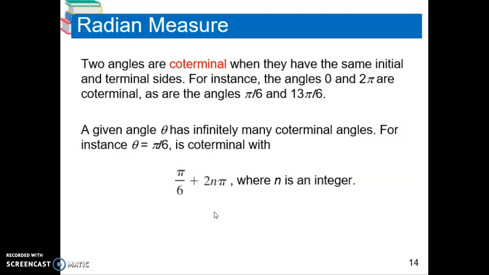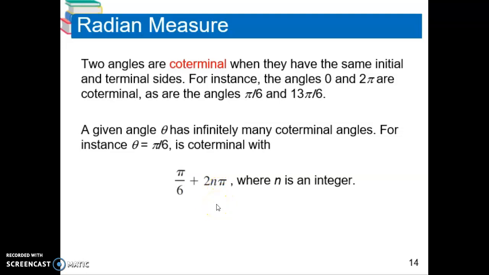Now I'm able to find 3 different coterminal angles. I have my starting pi over 6, then I would have 13 pi over 6 when I add 2 pi, or I can have 25 pi over 6 when I add my 2 full revolutions.